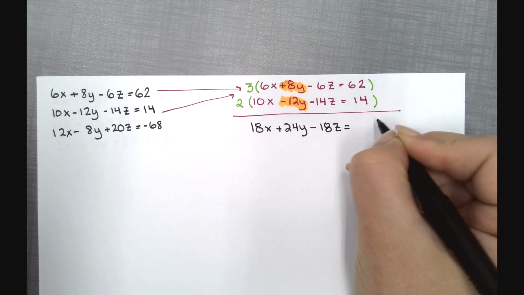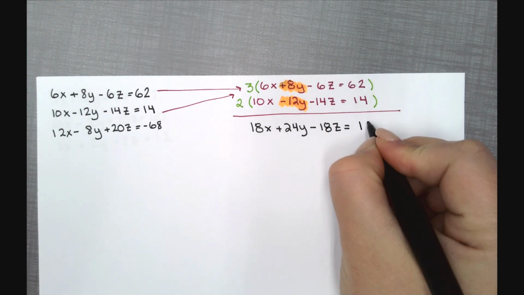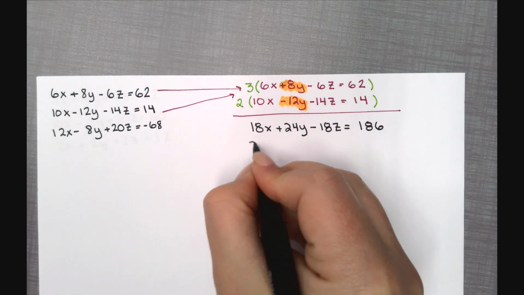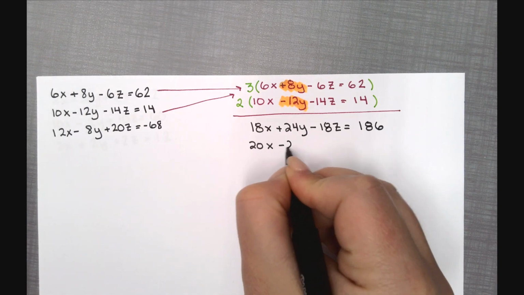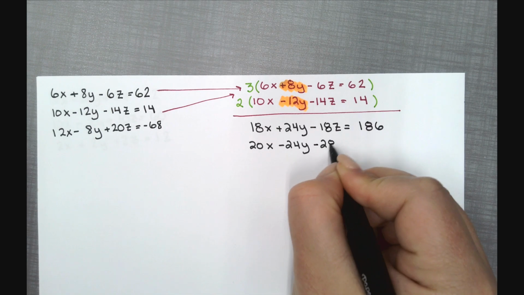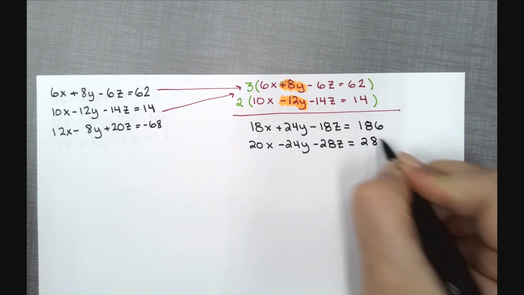Careful with that minus. And that, I will be honest, I don't know. 62 times 3 is 186. Now I'm also going to multiply the bottom one. So I get 20x minus 24y minus 28z is equal to 28.